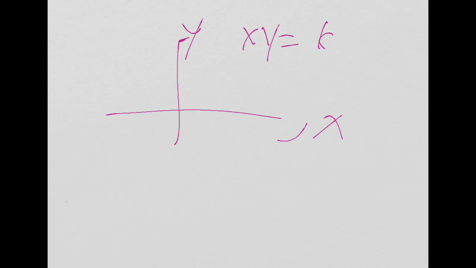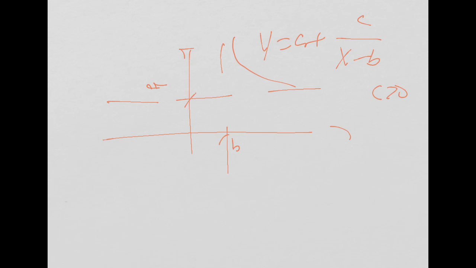y equals k over x. So you have this curve. If k is bigger than 0 you have this curve, and if smaller than 0 you have this curve. And also that, so this is value a, this value b. So your y equals a plus k over x minus b. If c is bigger than 0, you get something like that. Then your log curve.